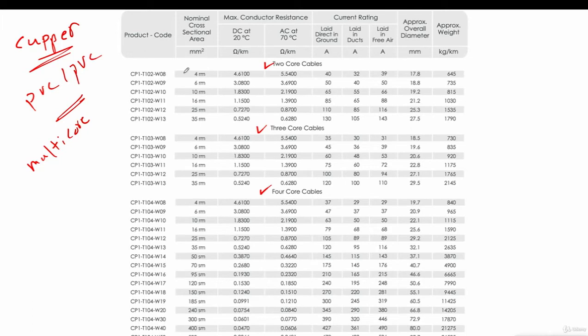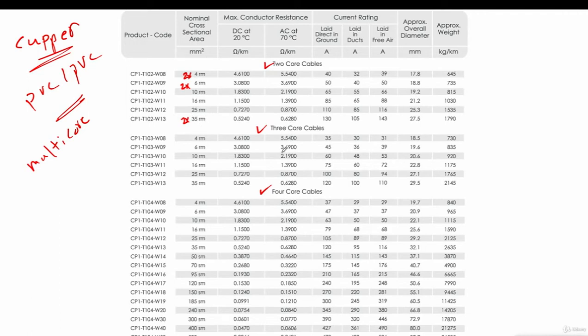This means that we have 2 cores, 2 by 4 square millimeters, 2 by 6 square millimeters until 235 square millimeters.